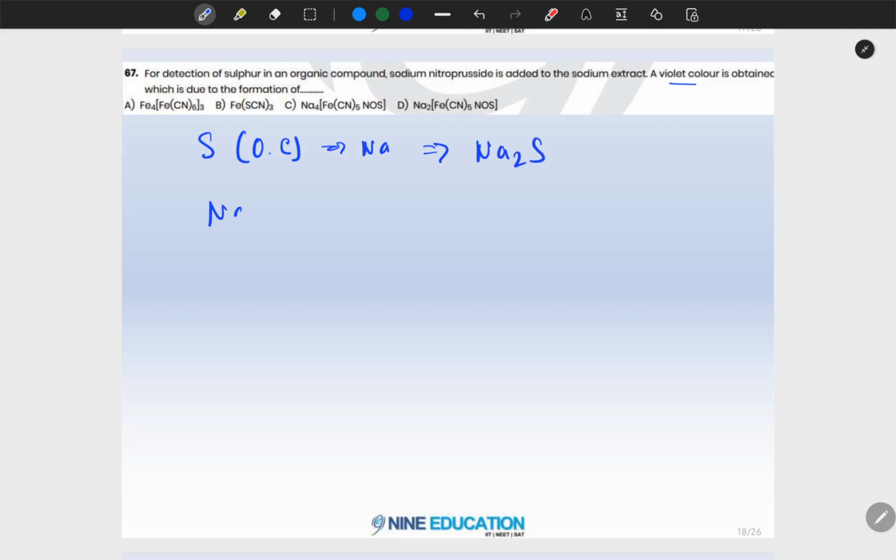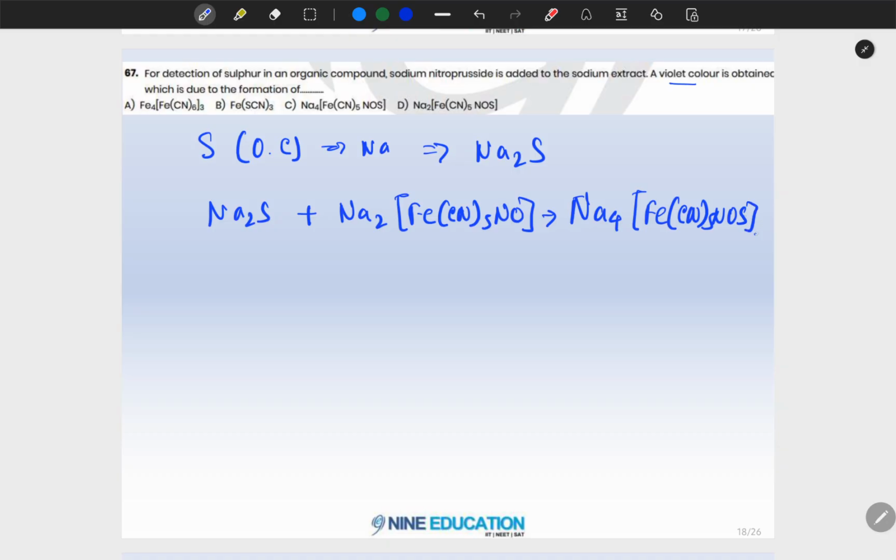Now this Na2S will react with sodium nitroprusside, and after the reaction we will get sodium thionitroprusside as the product. So this is sodium thionitroprusside, and the color of this complex is actually violet.